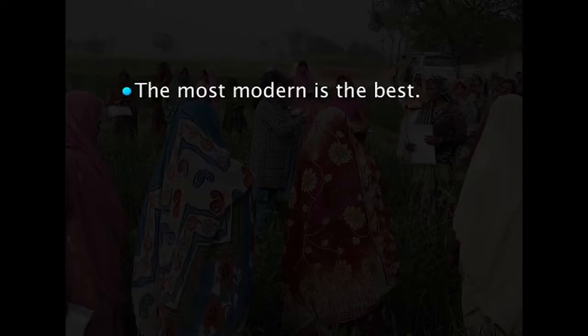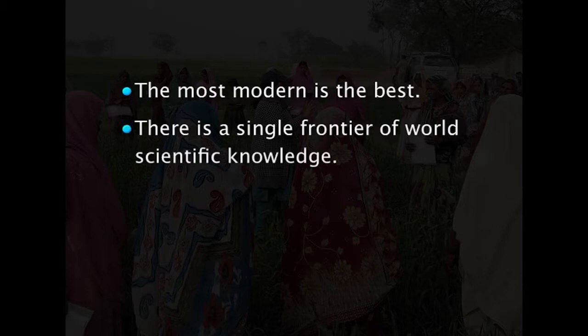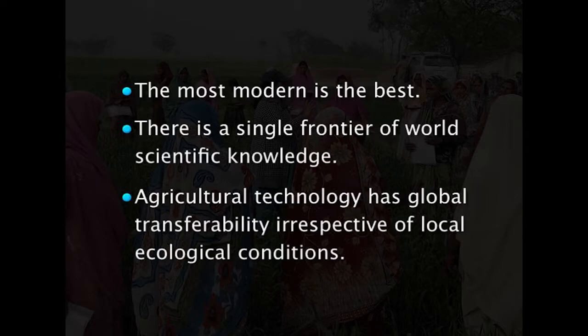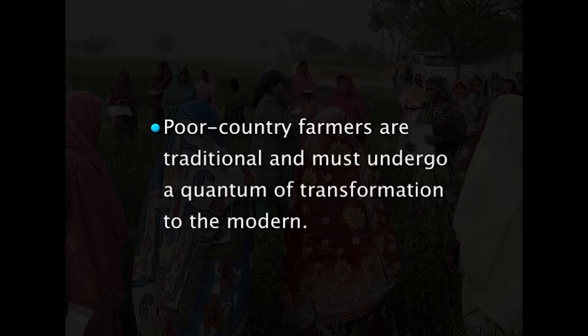The underlying assumptions were: the most modern is the best; there is a single frontier of world scientific knowledge; agricultural technology has global transferability irrespective of local ecological conditions; and poor country farmers are traditional and must undergo a quantum of transformation to the modern.